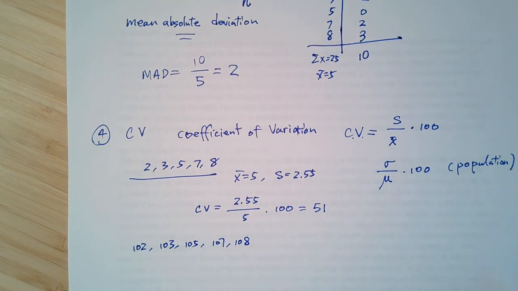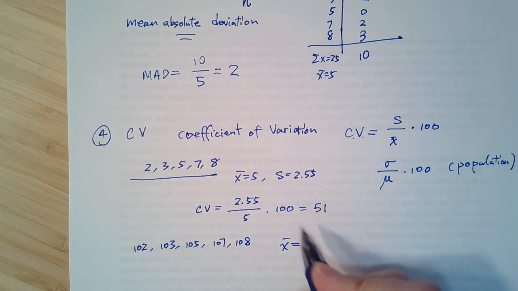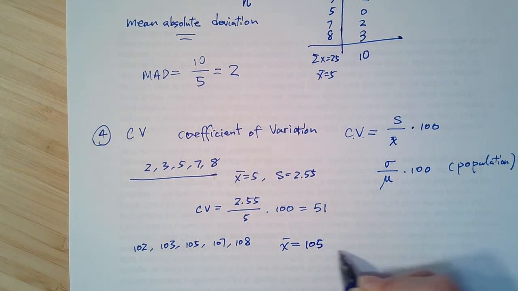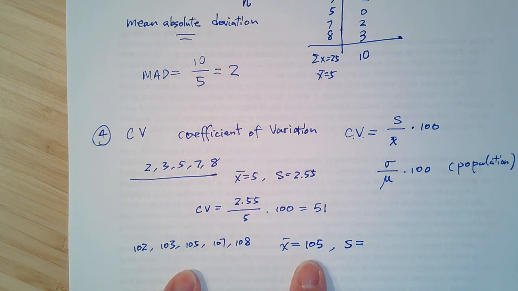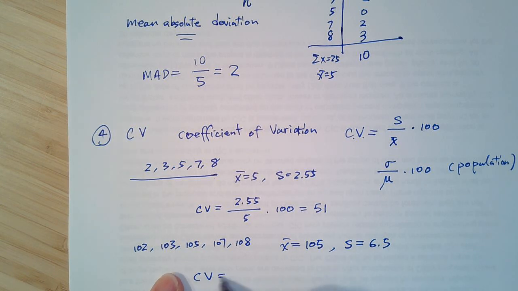Now x bar, you add all those numbers up and divide by 5, will be 105. For standard deviation, it's every single number minus 105. You see the differences are the same as in the previous table. You square them, add them up, you still get 26, then divide by 4. So you still get 6.5.